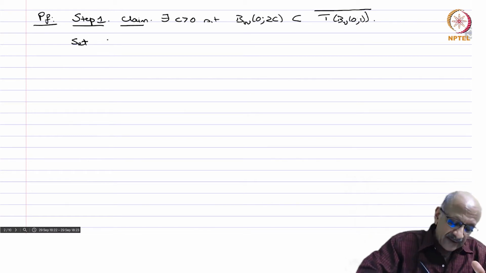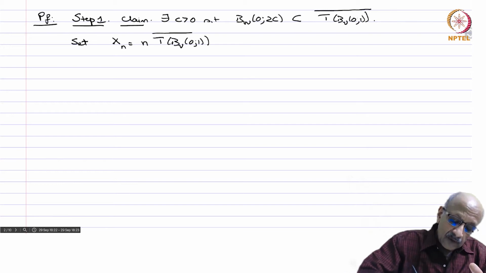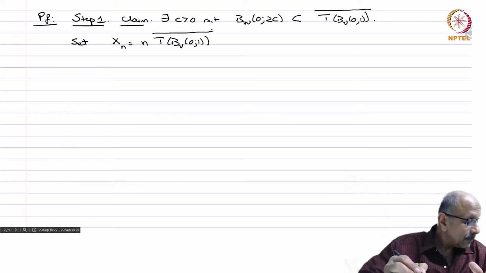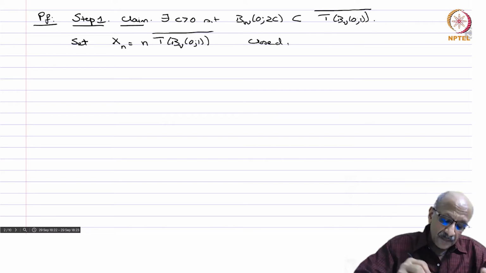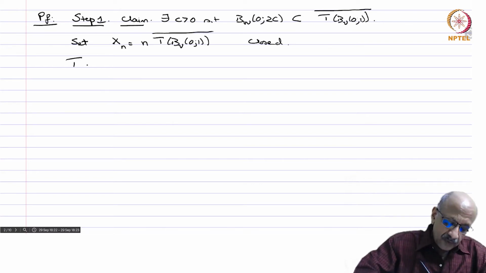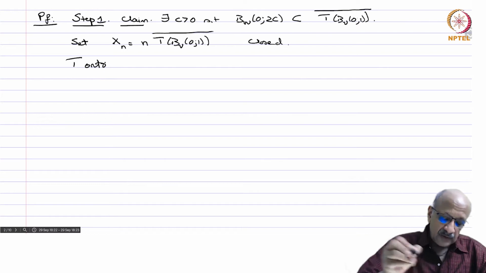So let us set X_n equal to n times the closure of T(B_V(0,1)). Then each X_n is closed. Also, T is onto, so this is where we use the ontoness of the map.